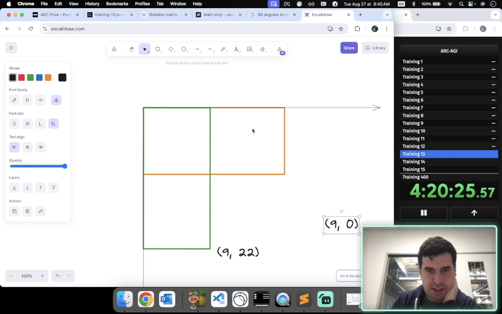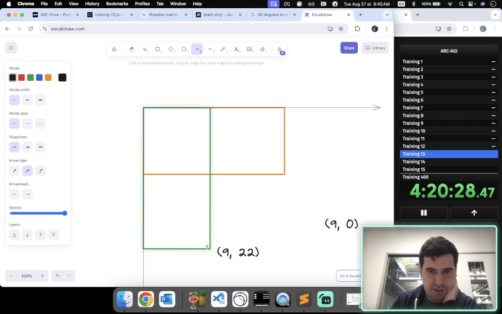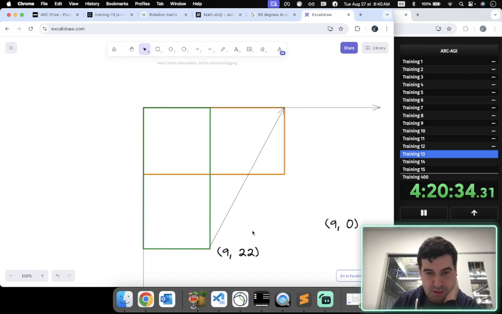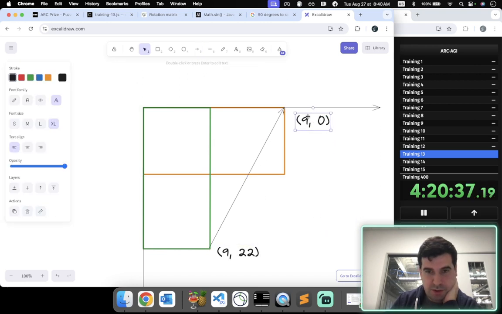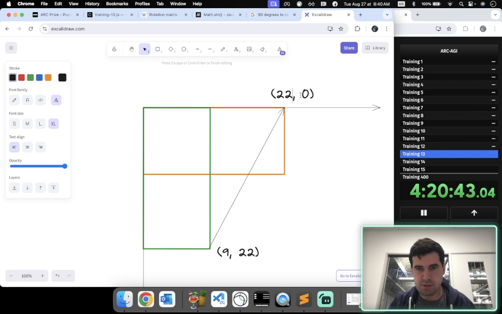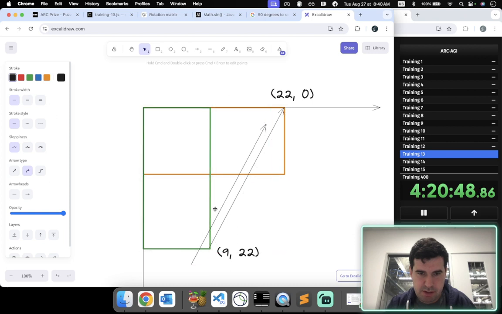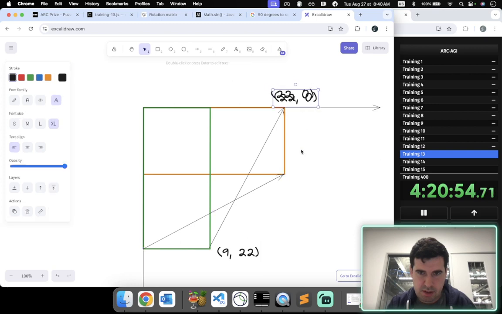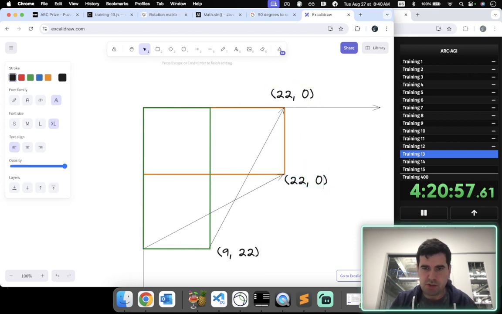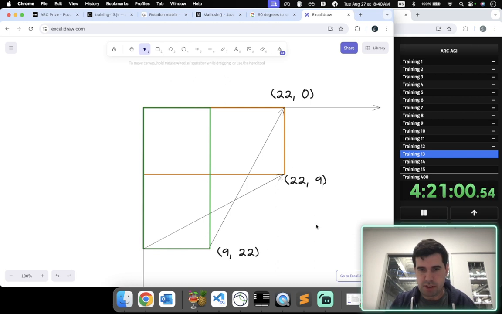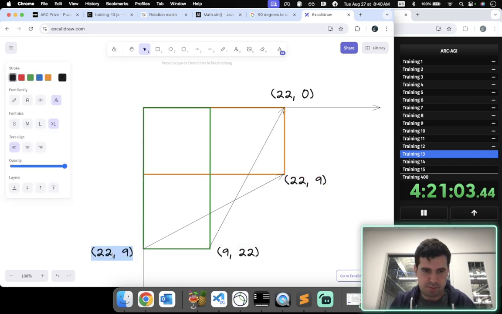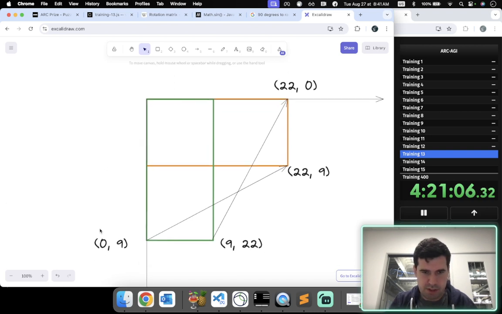So if I want to rotate like this, I need for this point to move here. So 9, 22 goes to x equals 22 and 0. And now I need for this point to go here. So this is 22 in x, 9 in y, and this is 0, 9.